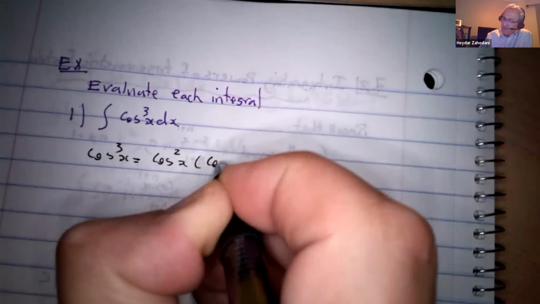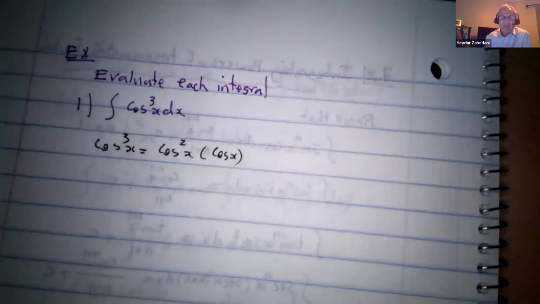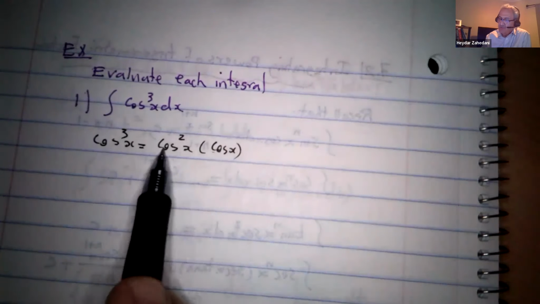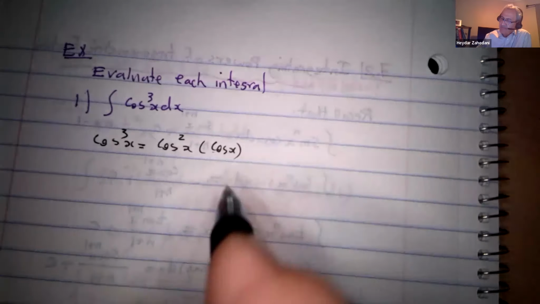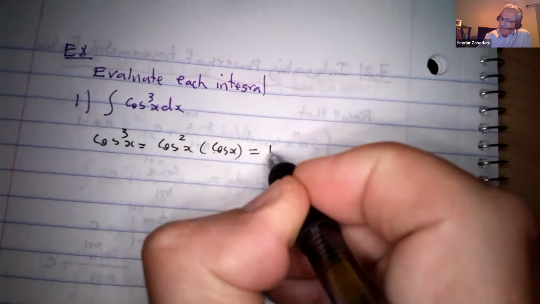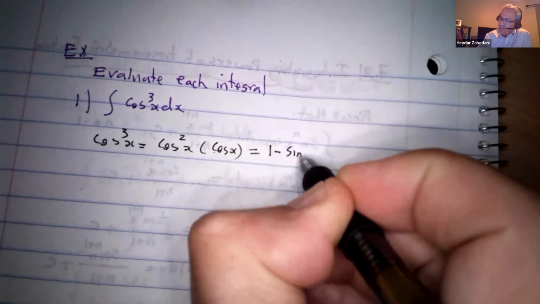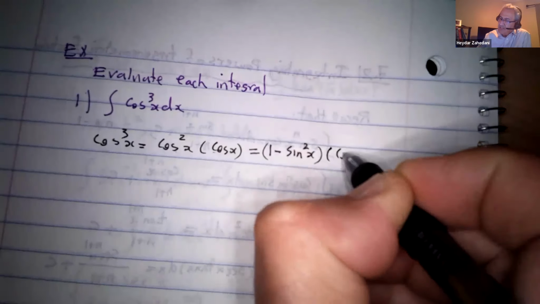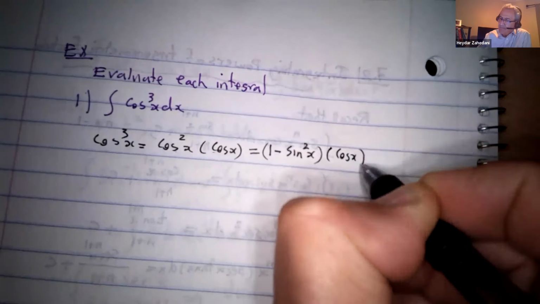You rewrite it as a cosine squared. You need a cosine here. You keep this one for the u prime. So this is going to be your u. You change the cosine squared into the sine. So it's going to be 1 minus sine squared of x, Pythagorean identity, times the cosine of x. See, this is the way we do it.